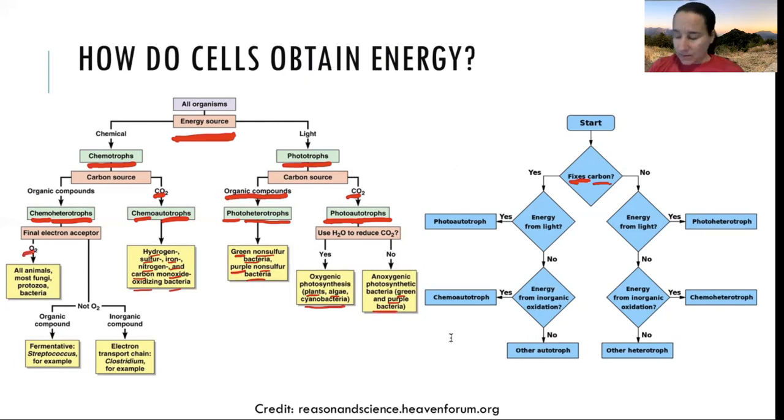If oxygen is the final electron receptor, here we are. This is us, animals. If it was not oxygen, it could be other types of bacteria like Clostridium that can cause tetanus, or strep. Those guys don't use oxygen. But this is us over here. We are chemoheterotrophs on this side of the energy table.